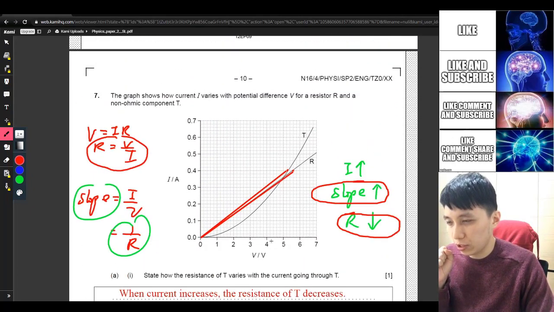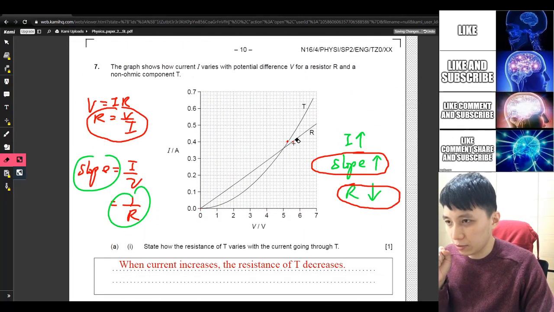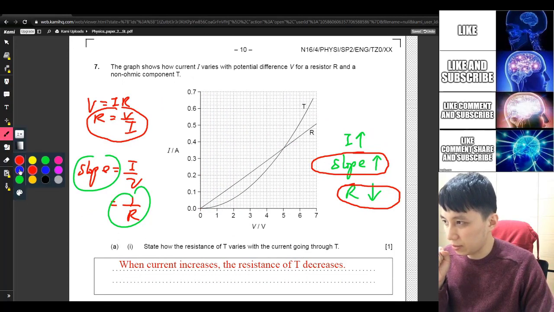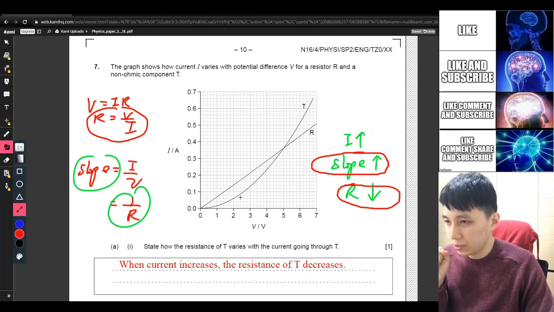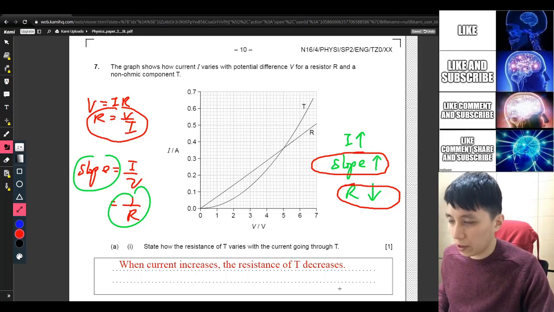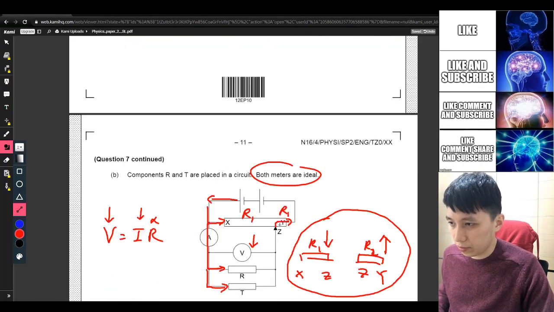So what we should draw, okay, again I'm going to erase this so that it can be seen easily. You want to find the same V, so you're drawing a straight line vertically. Alright, so they will be of the same V. And then you have to draw a line so that those 2 points will have the total current of 0.2.